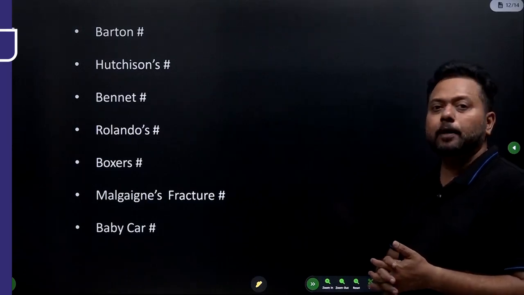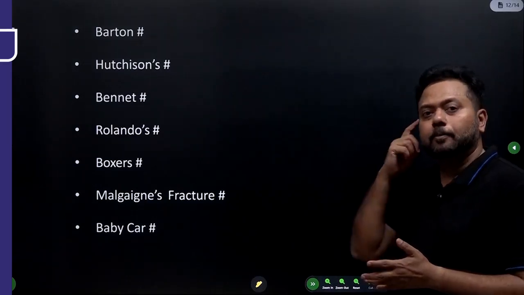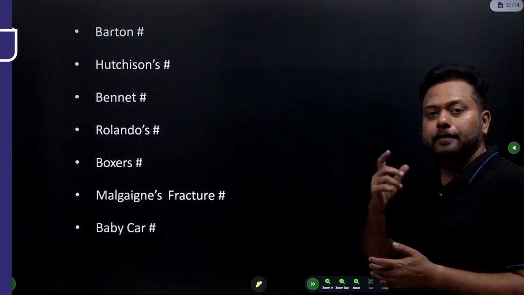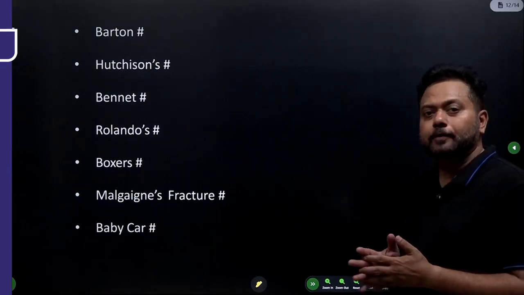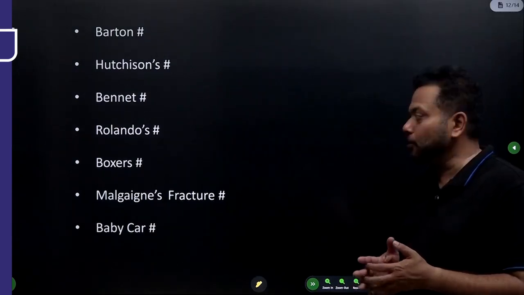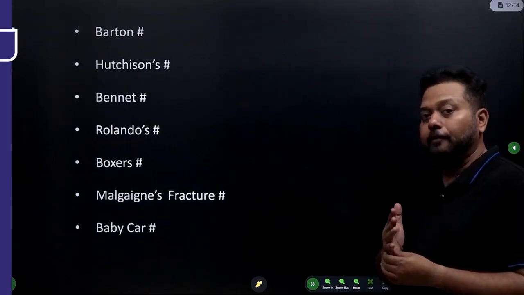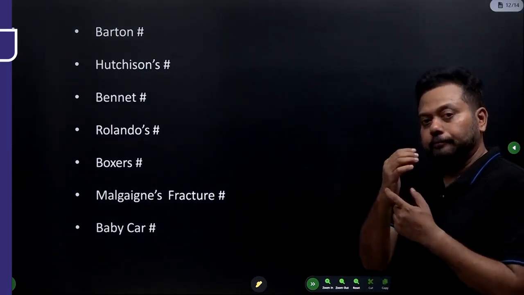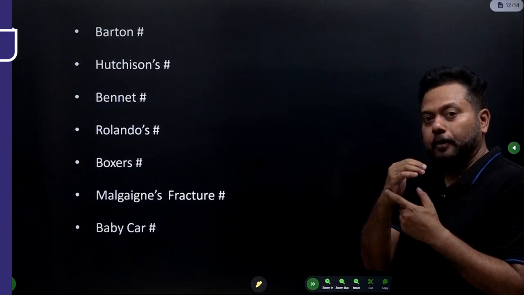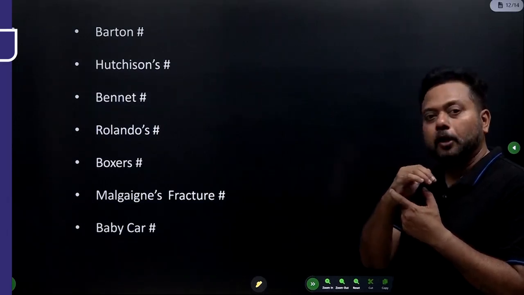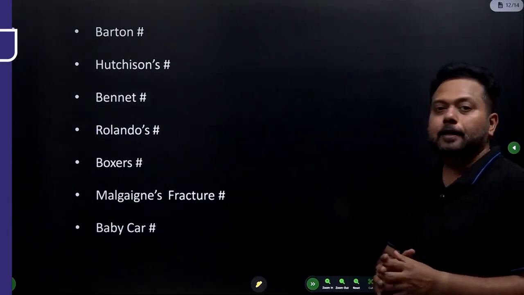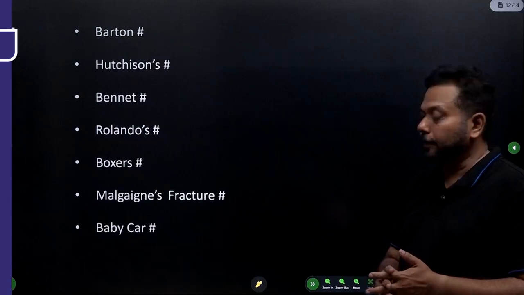Bennett fracture is an intra-articular oblique fracture at the base of the first metacarpal. When the same thing is a comminuted intra-articular fracture at the base of the first metacarpal, it is called Rolando's fracture. Boxer's fracture is fracture of the shaft or neck of the fifth metacarpal. Malgaigne fracture is another old terminology for supracondylar fracture.